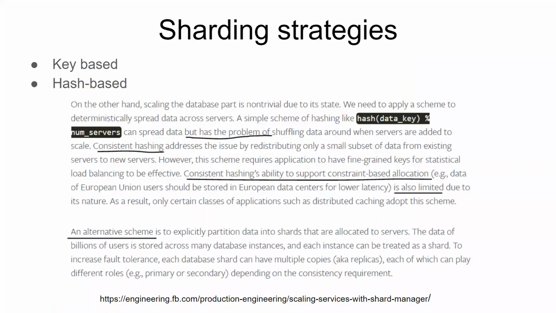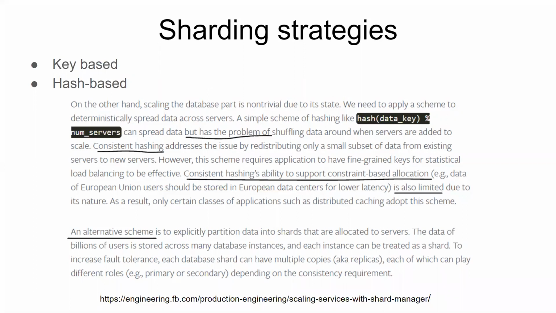So, moving to the next point in the agenda, which was about why hashing, and what are the limitations of hashing when it comes to partitioning your data. In the book, we read about two approaches to sharding: one is key-based and one is hash-based. And this is a very common idea when we have to partition data.